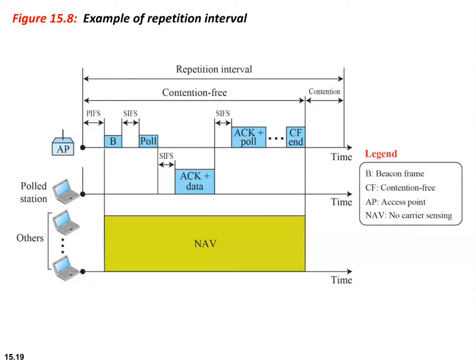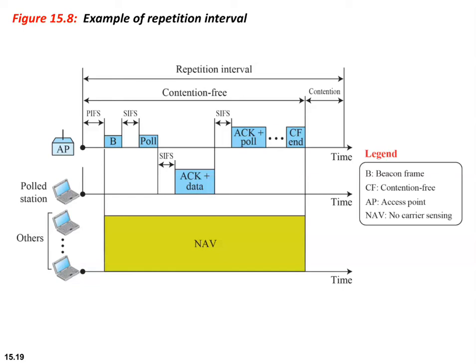It starts with a special control frame called the beacon frame, given as capital letter B. In the repetition interval, the first phase is the contention-free phase, written as CF.